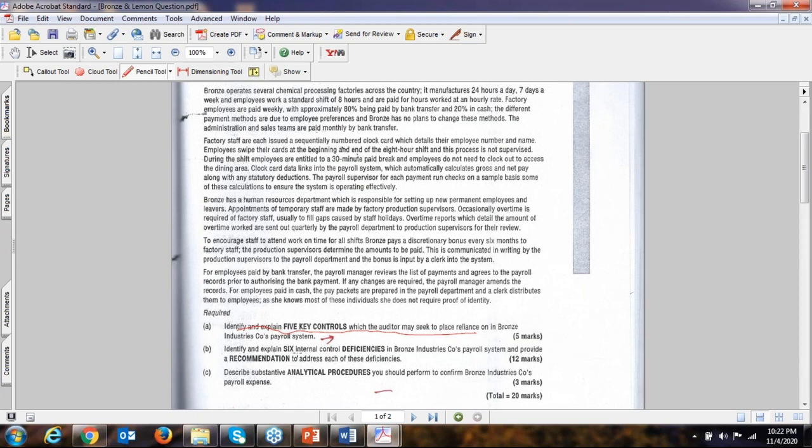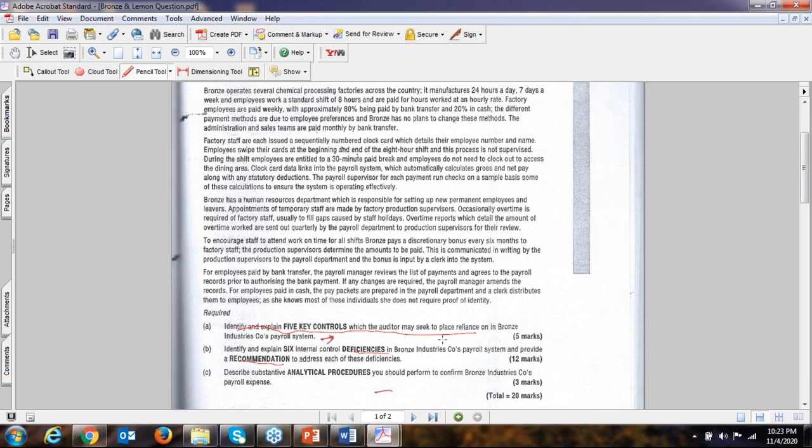Identify and explain 6 internal control deficiencies in the payroll system. Here you need to extract deficiencies from the question and provide a recommendation.